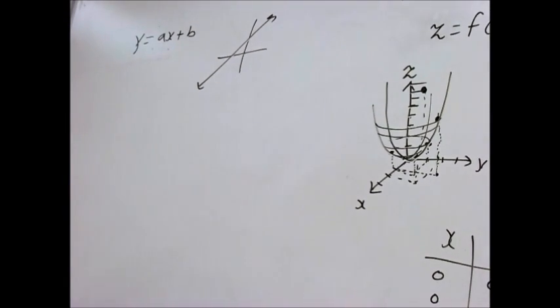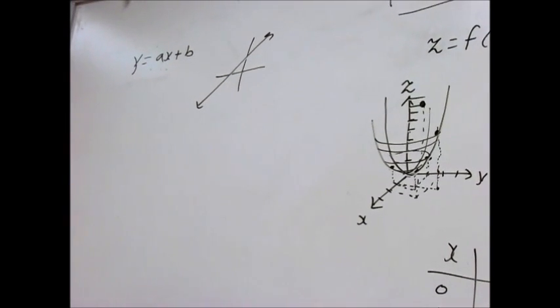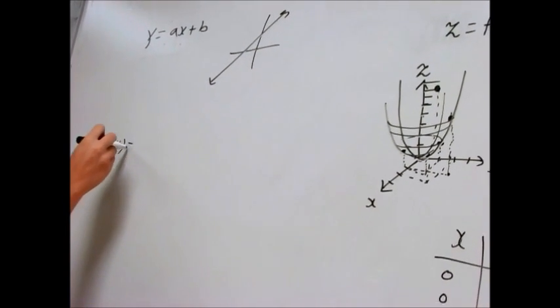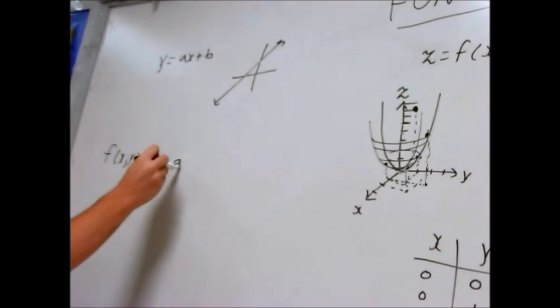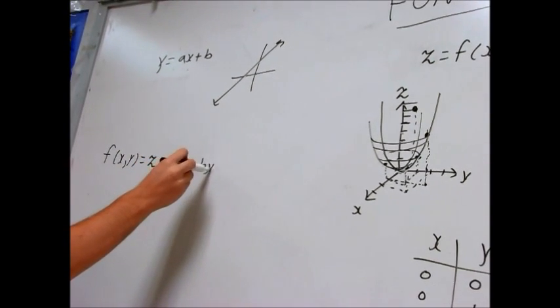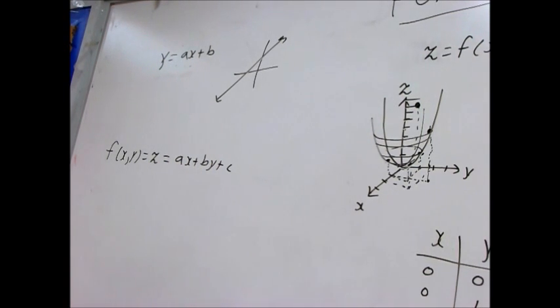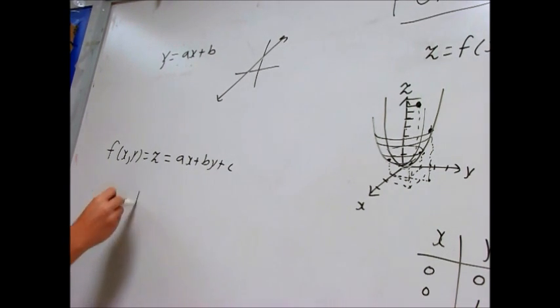In a similar form, we can say f of x comma y equals z equals ax plus by plus c, for example. This corresponds to a plane in space.